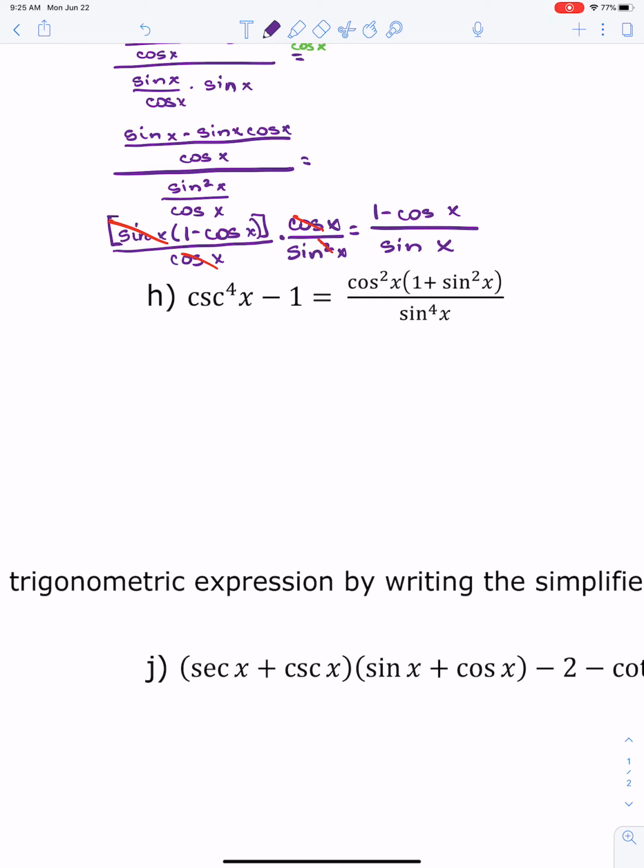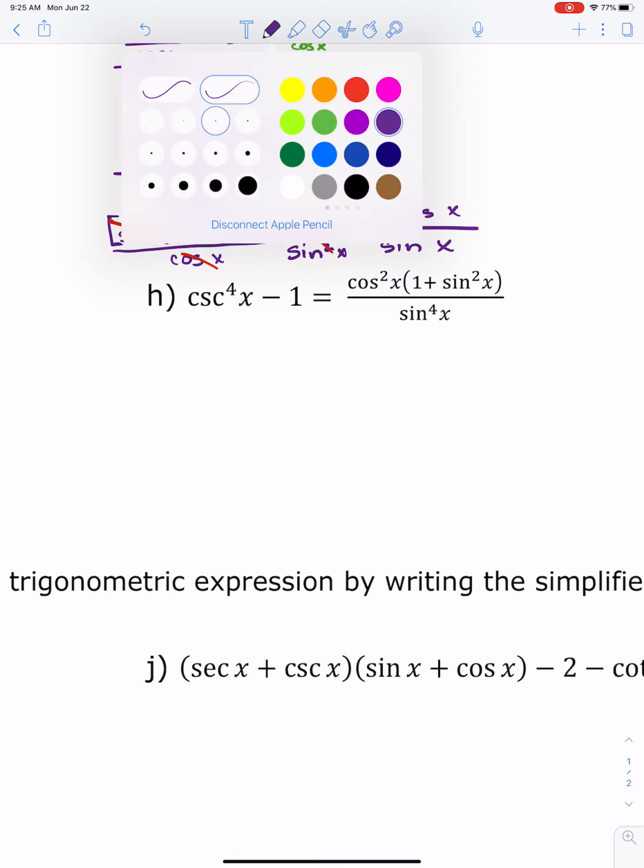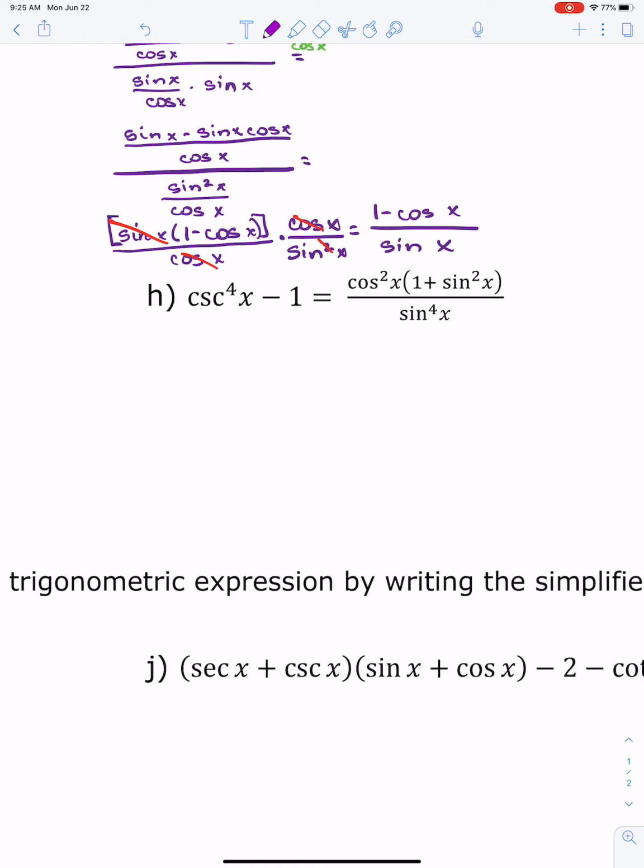H. So H is looking a little funky. We haven't really had to do anything with anything raised to the 4th power. I can recognize this right-hand side as a difference of squares.